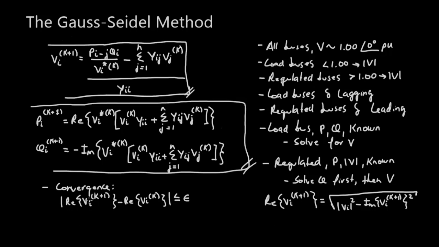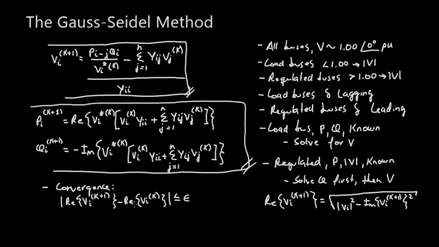So again, this right here is the next iteration, and this right here is the present iteration. In other words, if you run 5 iterations, this would be the value you get for iteration 5, and this would be the value for iteration 4. So you compare the two by subtracting one from the other, and if the absolute value of that is smaller than some value that you've defined as your accuracy, then you know that your solution converged. And we also have to do the same for the imaginary part.